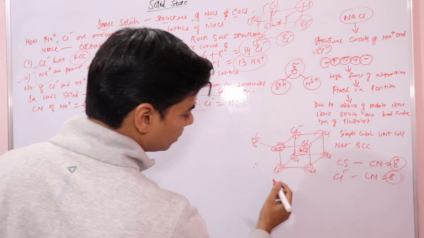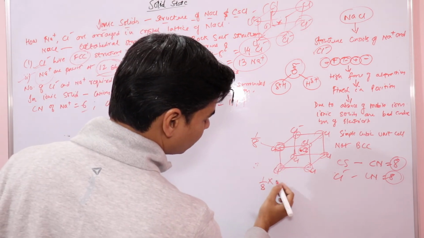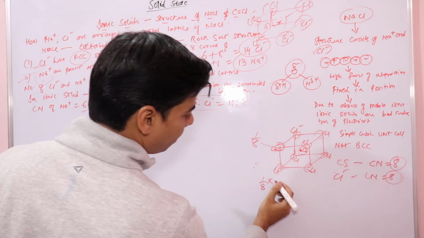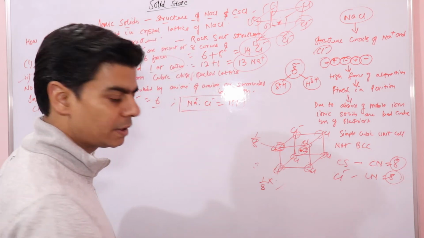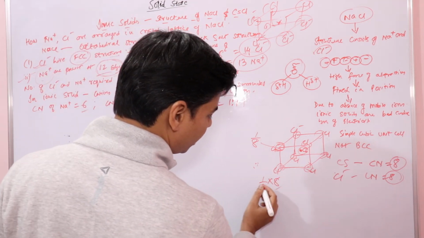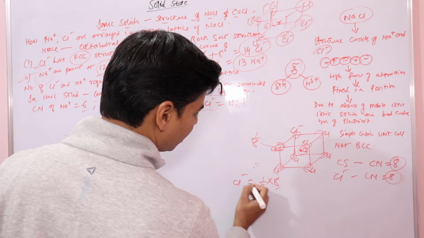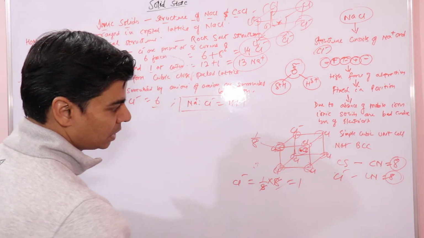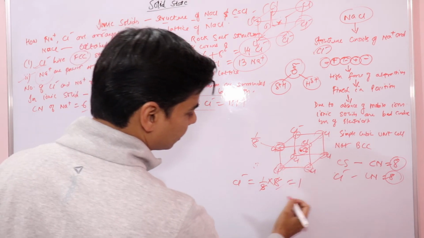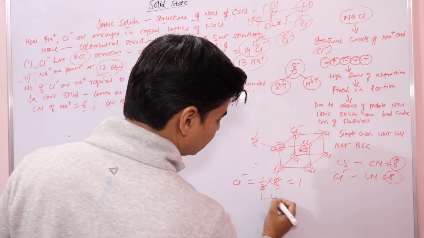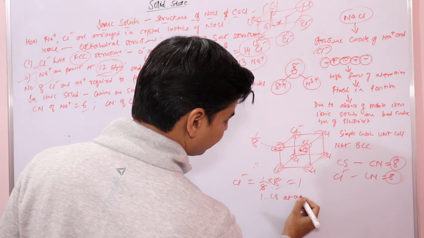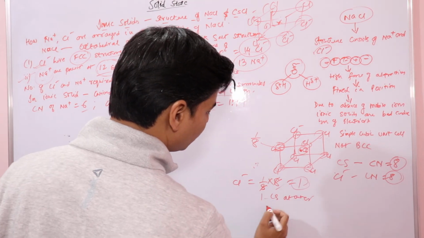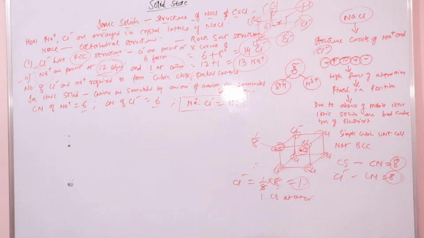We have 8 corners, so the number of chloride ions in this unit cell would be 1/8 into 8, which is 1. And 1 cesium ion is at the center. So the particles are 1 chloride ion and 1 cesium ion.